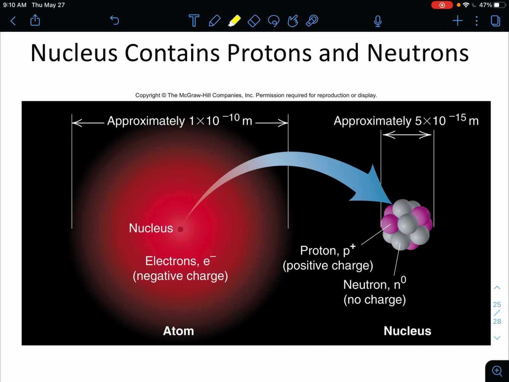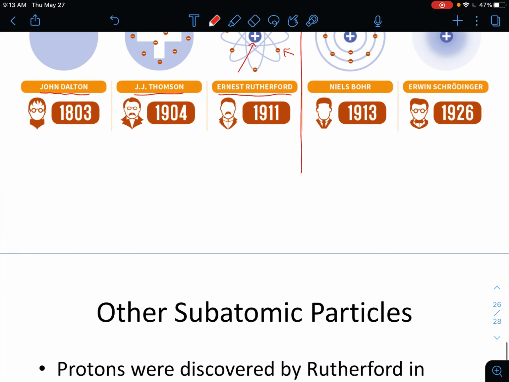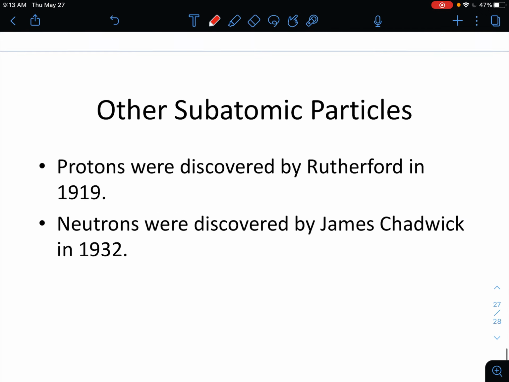That's why we think about it as the planetary model. When we're all done talking about the model of the atom, a few chapters away, we'll get to a quantum model, but we're not there yet. Somewhere between Rutherford and Bohr, that's the picture of the atom that we're going to live with for the upcoming chapters. Okay, I think one or two more slides, and then that's it for this section.